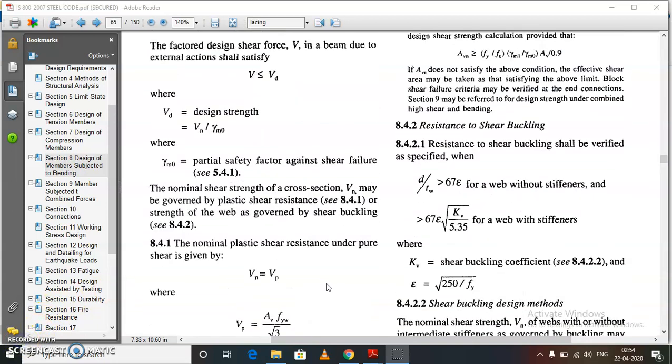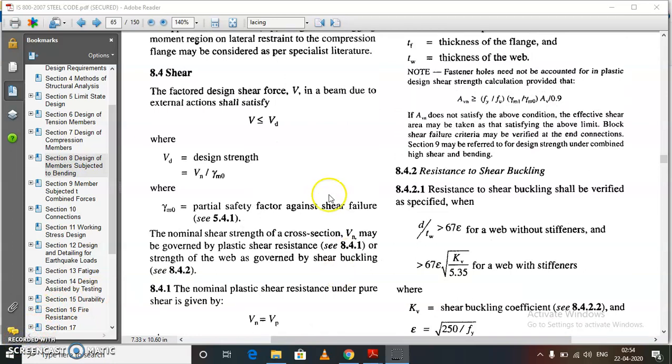Now, the Vd value can be calculated by using this formula. The factored design shear force V in a beam due to external action shall satisfy V less than or equal to Vd, where Vd is the design strength given by Vn by gamma M naught.